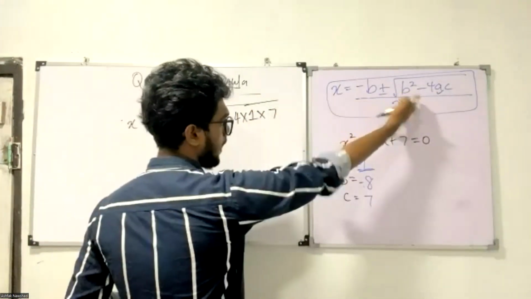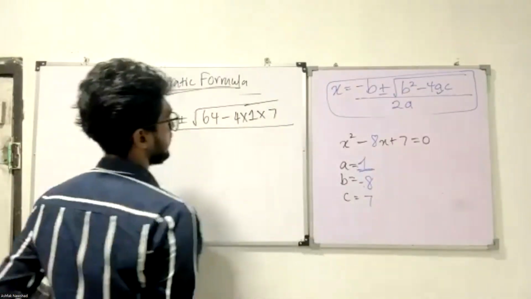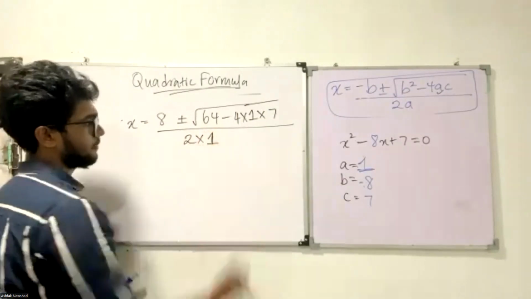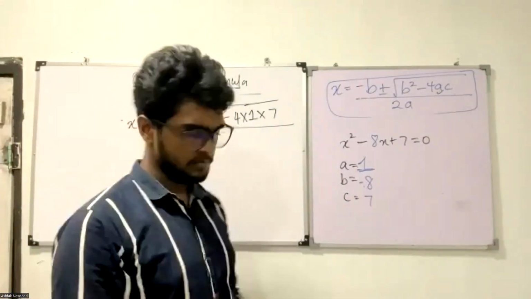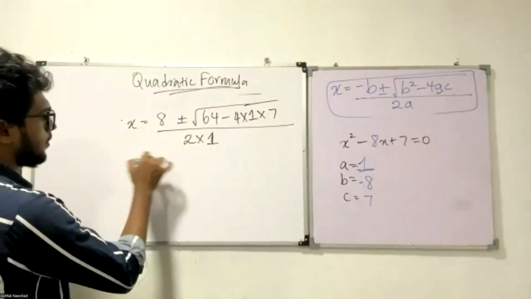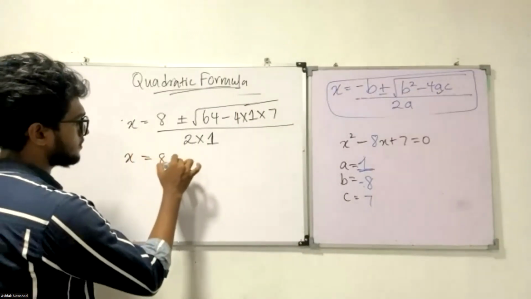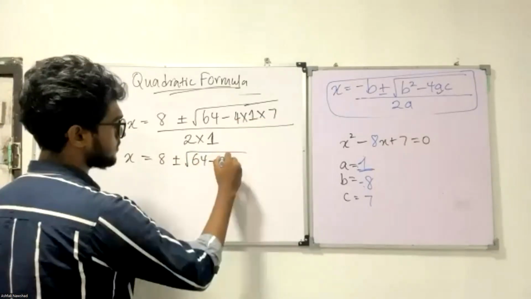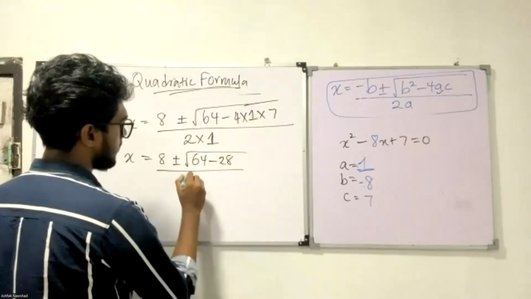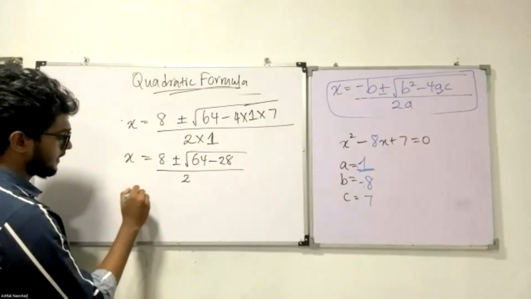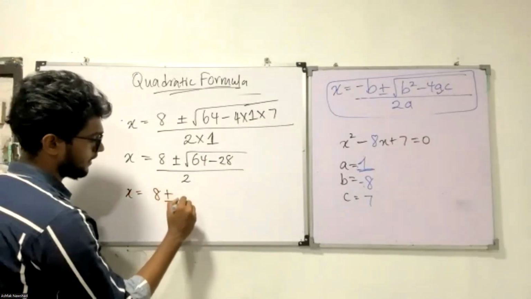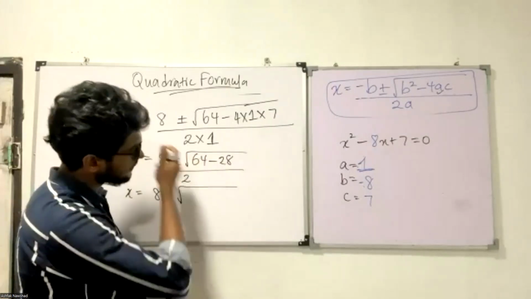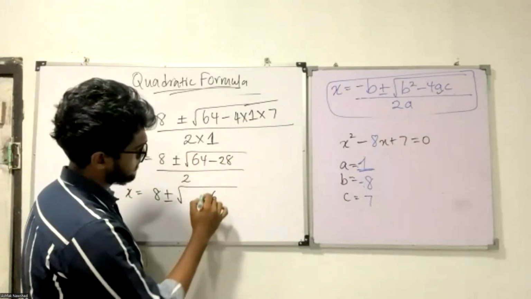I'm looking at the formula and just writing the values. Divided by 2a. So x is going to be 8 plus or minus the square root of 64 minus 4 times 7, which is 28, divided by 2. So 8 plus or minus the square root of 64 minus 28, which is 36, right?